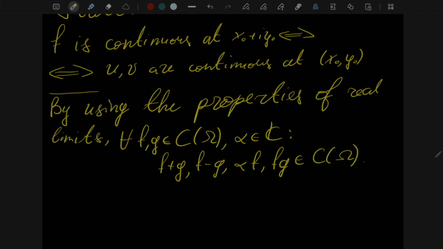So if two functions are continuous, then their addition, subtraction, multiplication by constant, or multiplication of those two functions are also all continuous functions. And before continuing to defining the derivative of a complex valued function of a complex argument, I have a visualization for you.